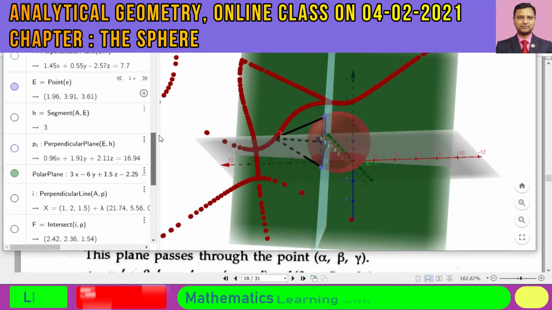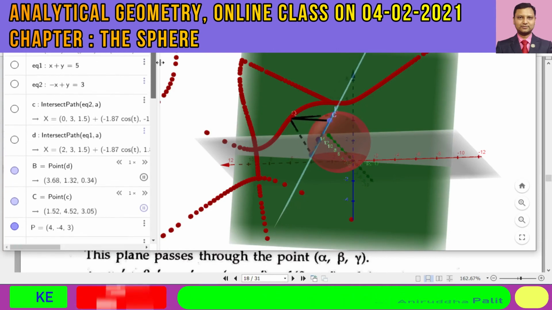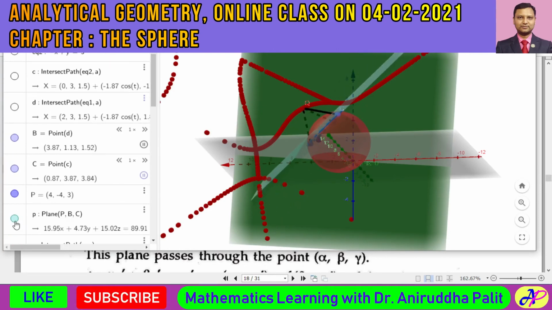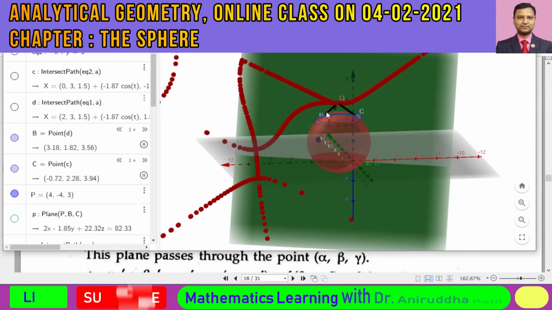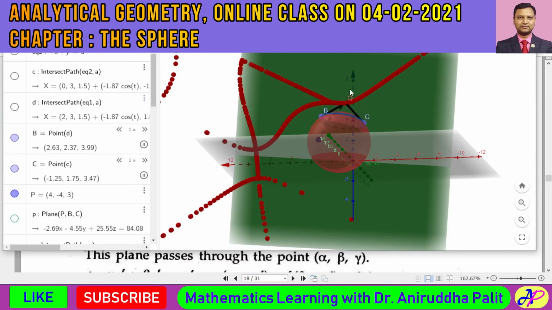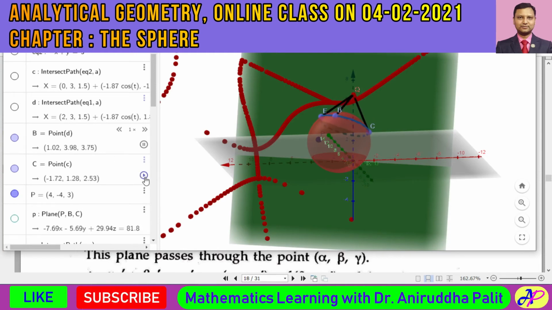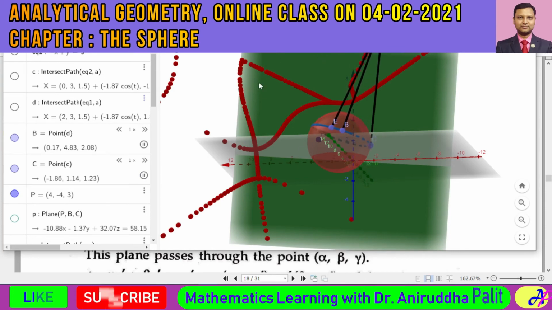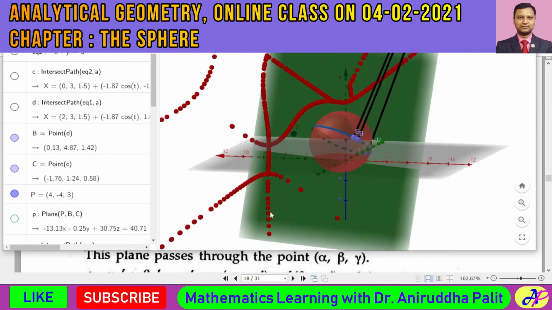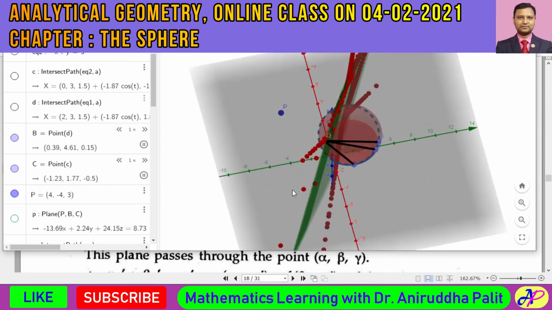Let me firstly suppress this plane through this point P. Now consider this one. You see this point Q. This is the position of the point Q. The position of the point Q will ultimately change over here. You see, it is always moving through a single plane. It always lies on a plane.